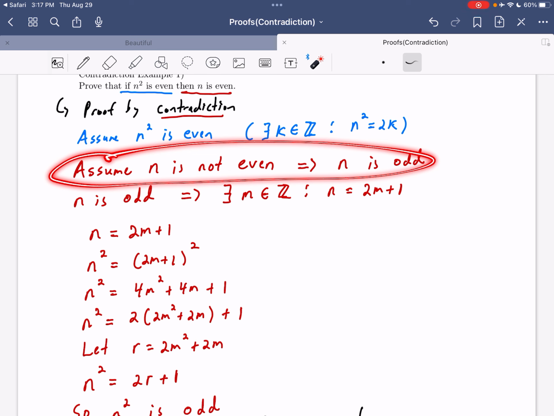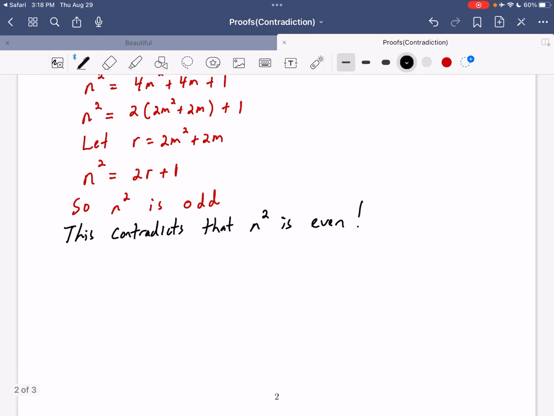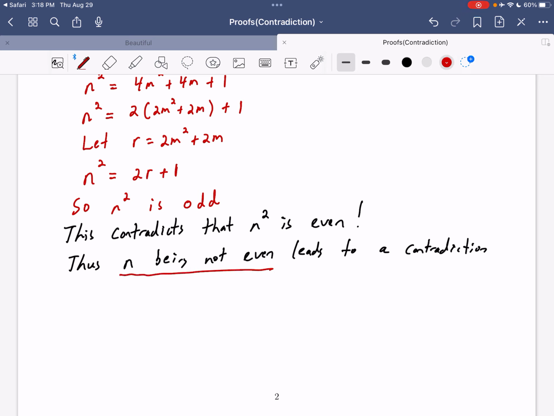In other words, the original assumption must be correct. So we could say thus, n being not even leads to a contradiction. That was the additional assumption that we had made there, and being not even leads to a contradiction. So n must be even.